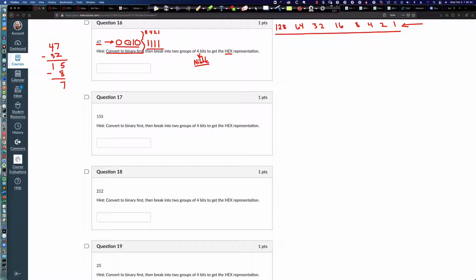And the same is true here. We don't go 16, 32, 64, 128 because now it's its own mutually exclusive, independent 4 bits.